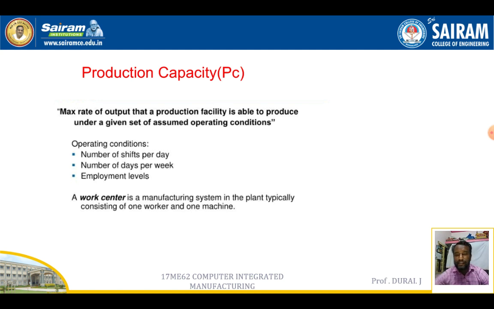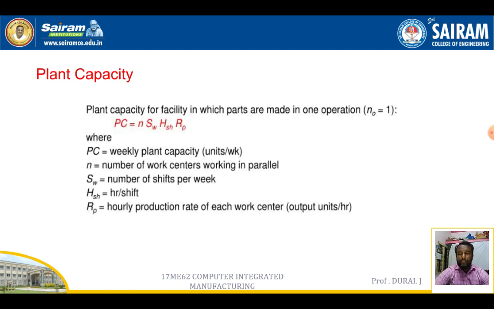A work center is a manufacturing system. That plant typically consists of one worker and one machine. So we assume that each work center has one worker. Then the production capacity can be calculated with the help of PC = N Sw Hsh Rp.